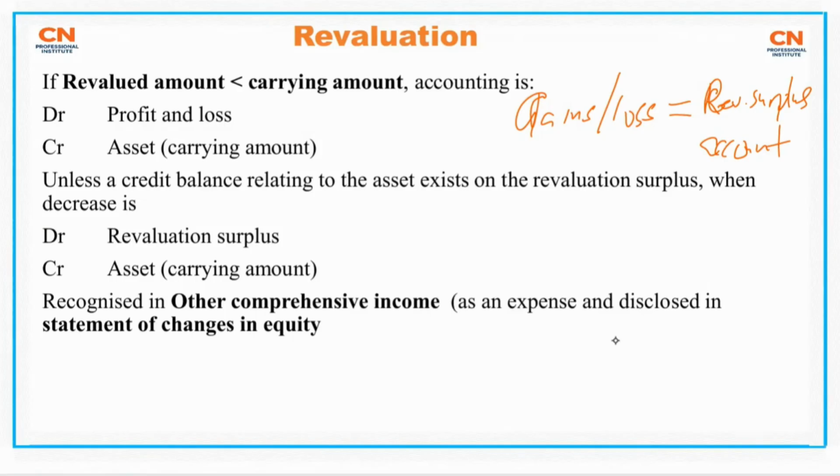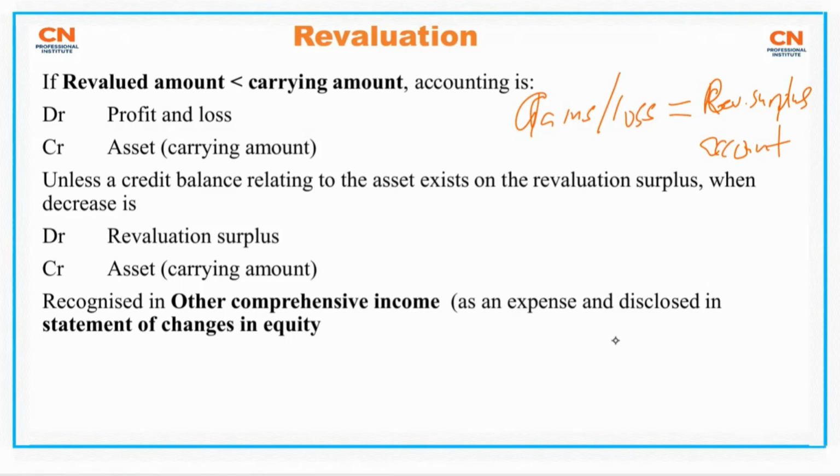OCI. I mean, in other comprehensive income. So we put them under OCI. So when there's revaluation loss or gain, we record them in the revaluation surplus account. But just know that the revaluation surplus account cannot be negative. That's all. That's the rule.